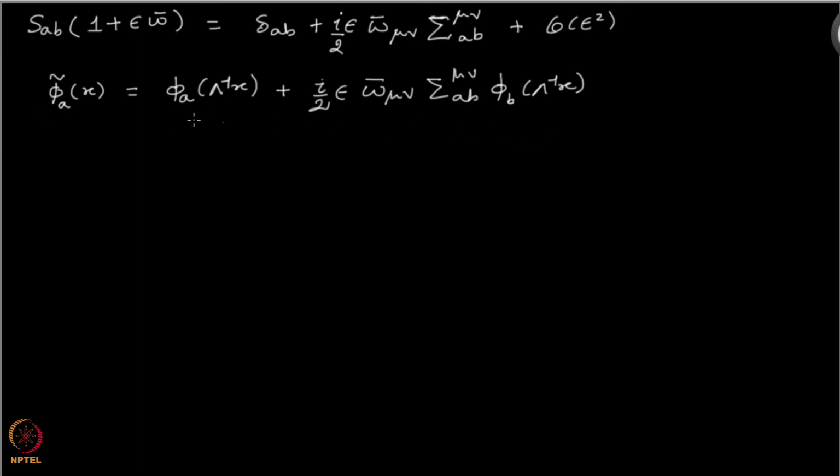Now, if you had a scalar field, this sigma would be 0, right, because there will be no mixing, there is nothing to mix, or no mixing between different fields. So, this will just be this piece. Okay. So, let me write for scalar fields.